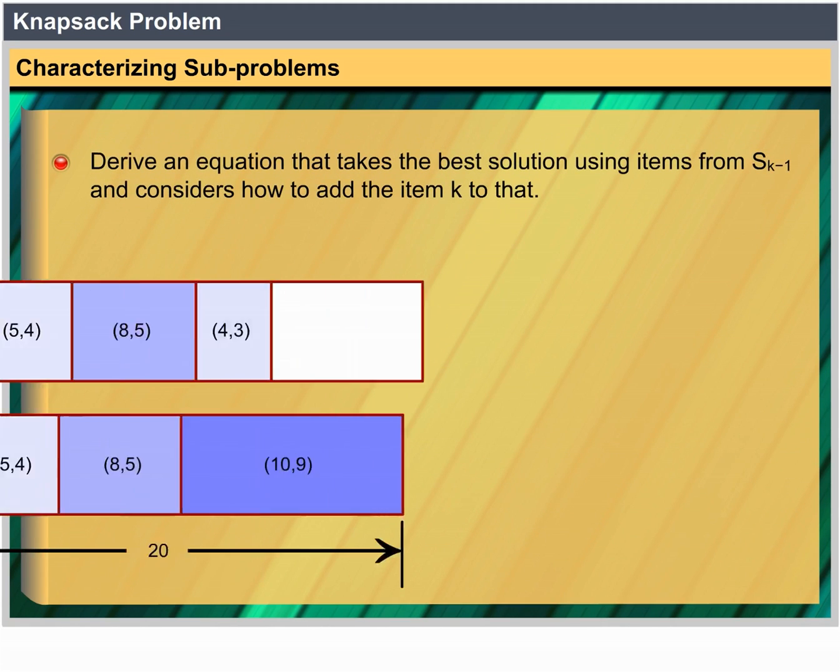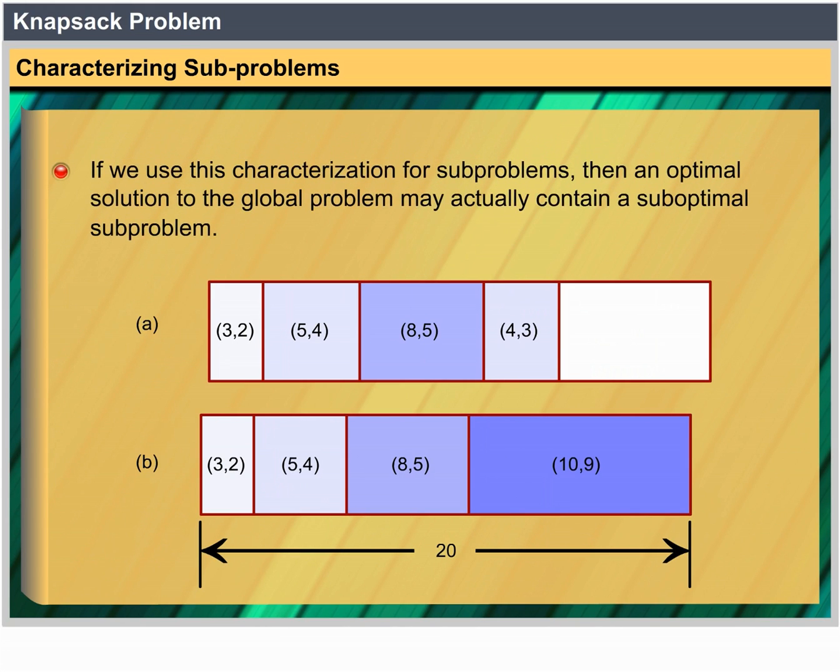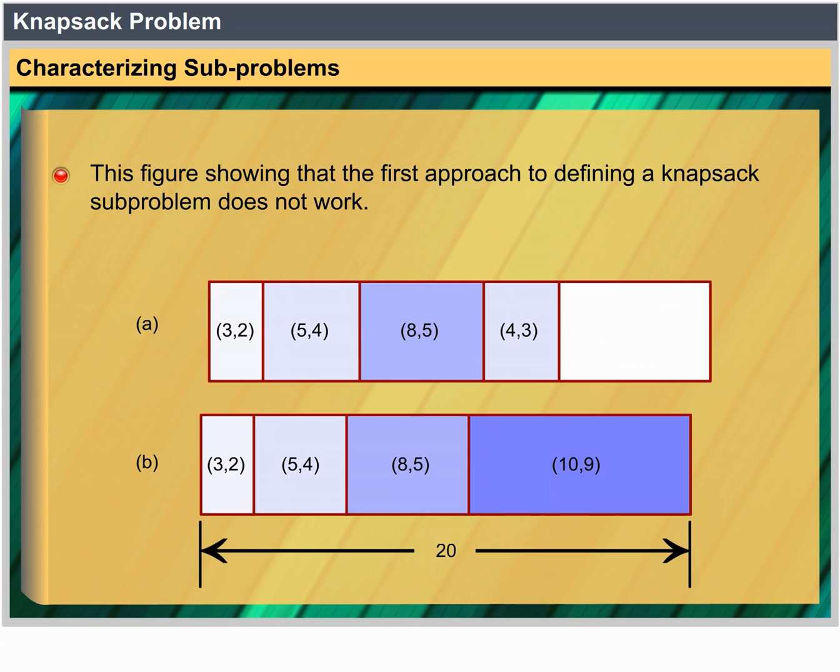We could derive an equation that takes the best solution using items from Sk-1 and considers how to add item k to that. If we use this characterization for subproblems, then an optimal solution to the global problem may actually contain a suboptimal subproblem solution. This figure shows that the first approach to defining a knapsack subproblem does not work.